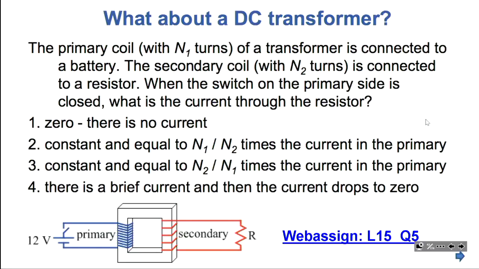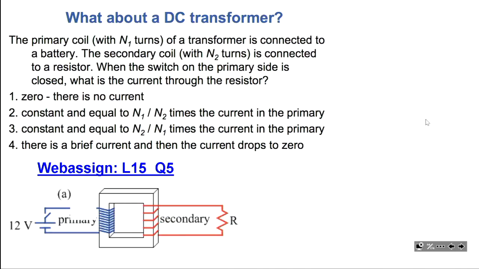Would it show constant electric current, another constant, or some kind of a brief jump, and then 0 again? Well, you have to answer this question, and we have the ability to answer this question using Faraday's law.